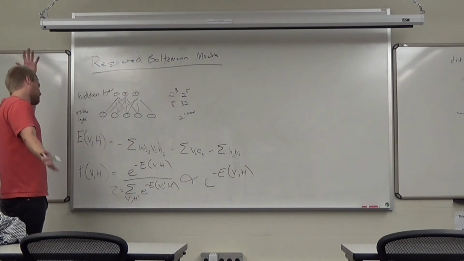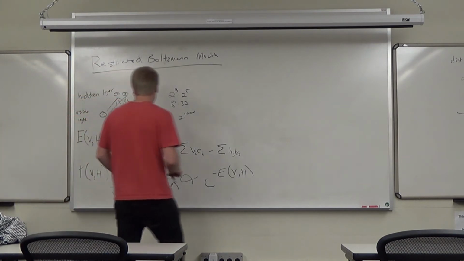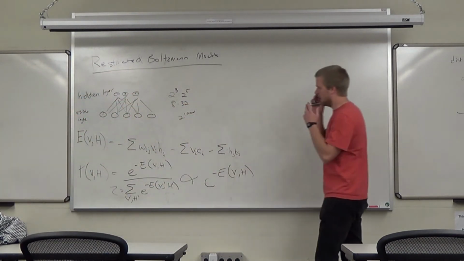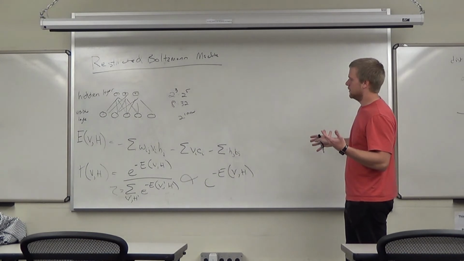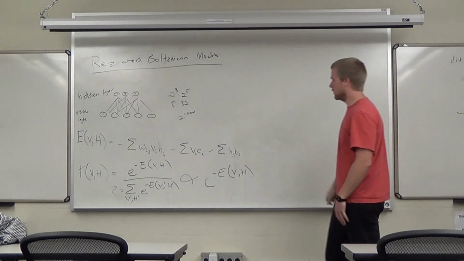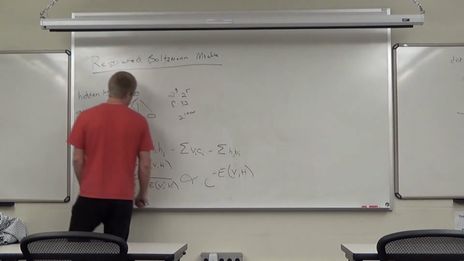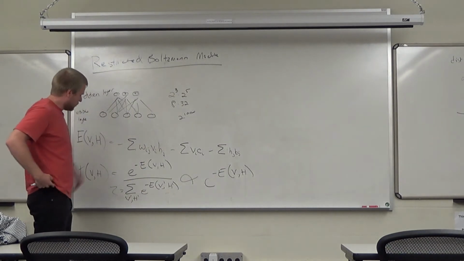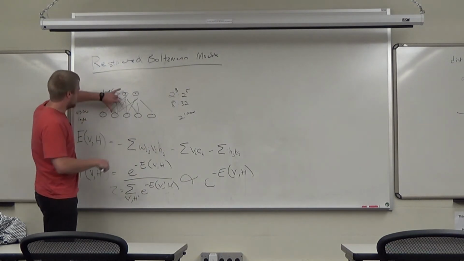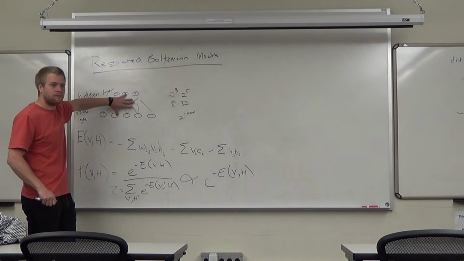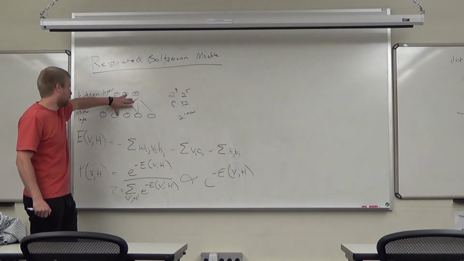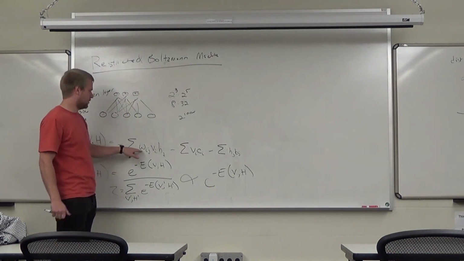Okay, so energies, probabilities, what's going on here? How does this make sense? How does an energy convert to a probability? Let's say that we want the connection between 2 nodes to be really strong, and so the weight would be really high.